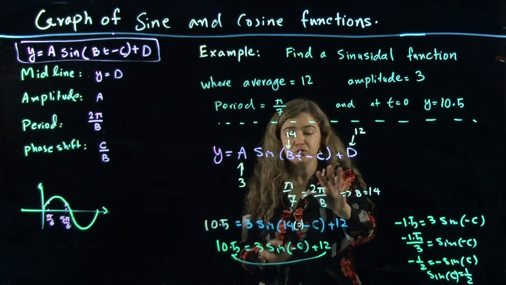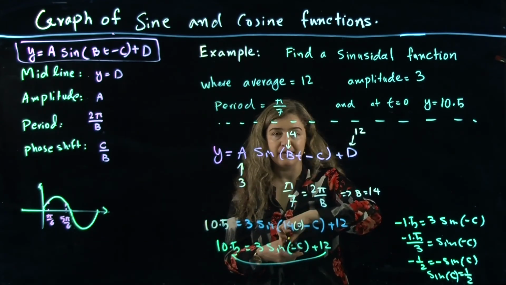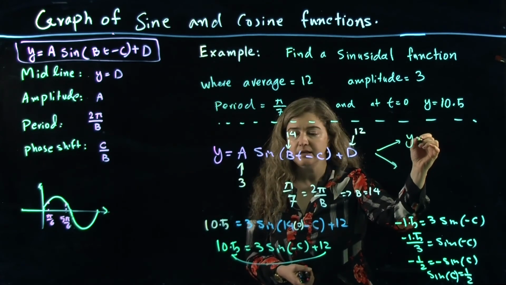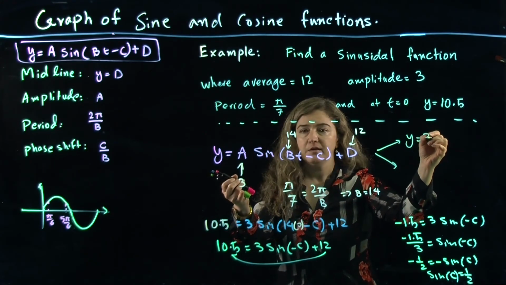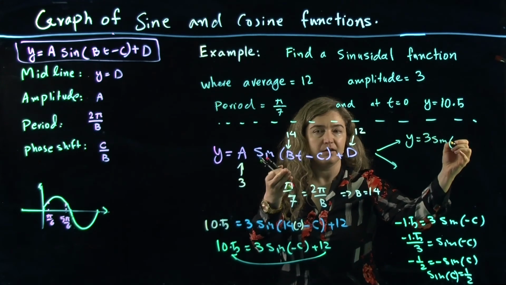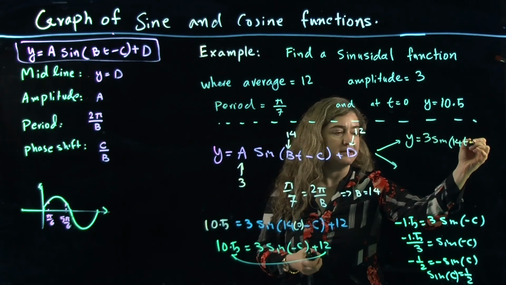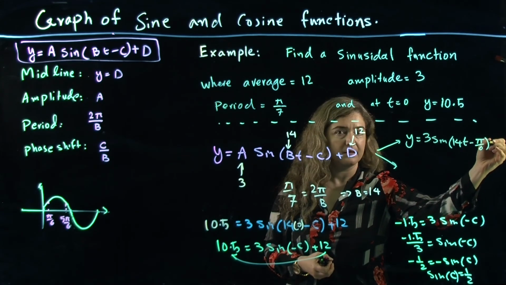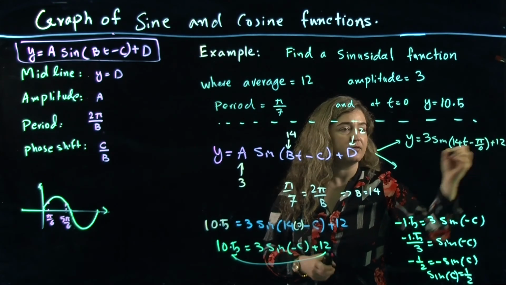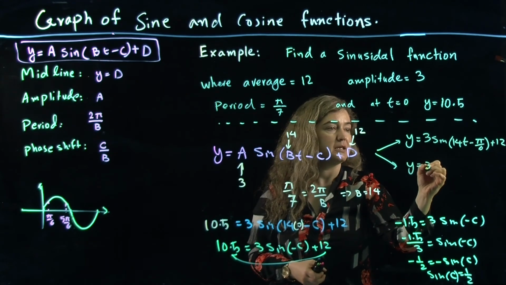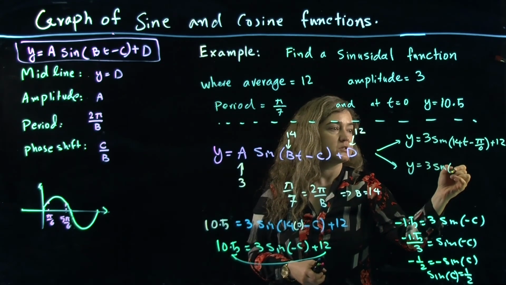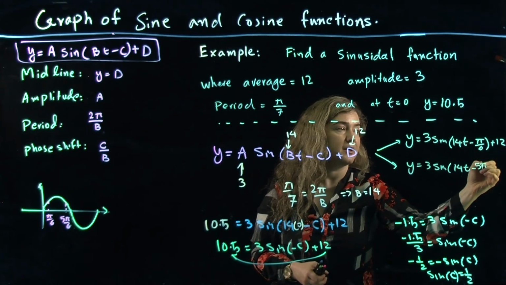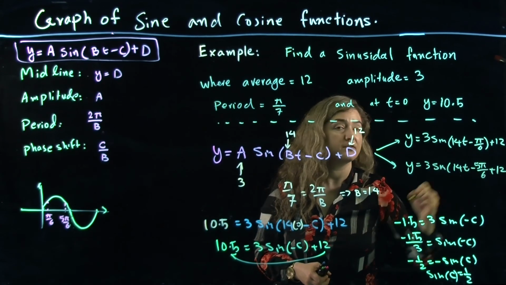So the solution to this could be two answers. y equal to 3 sine of 14t minus pi sixth plus 12, or it could be 3 sine of 14t minus 5 pi sixth plus 12.